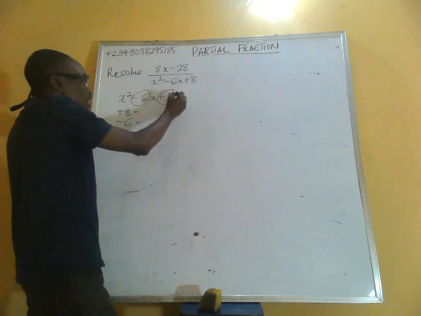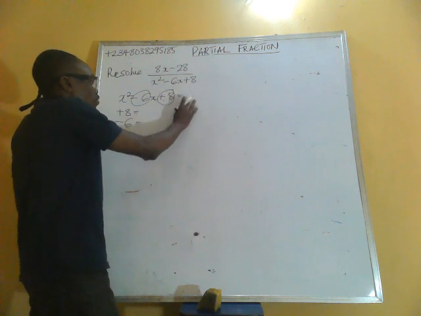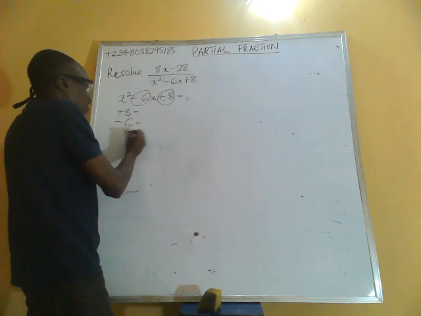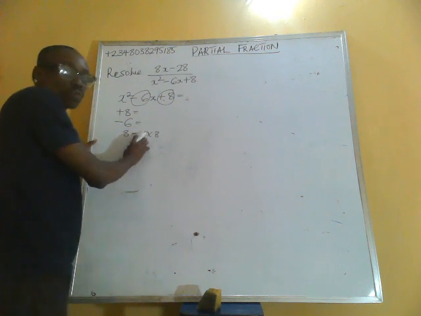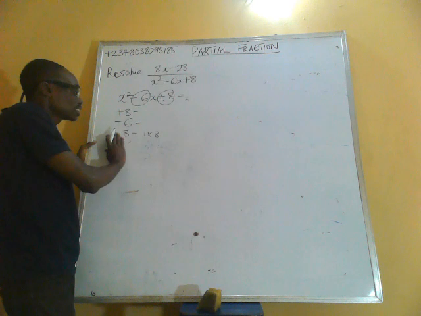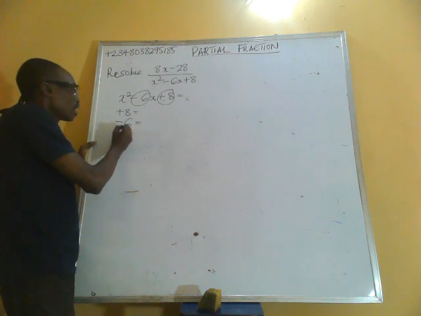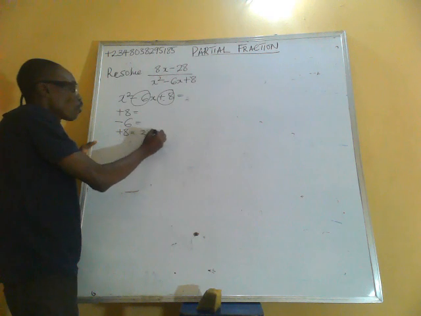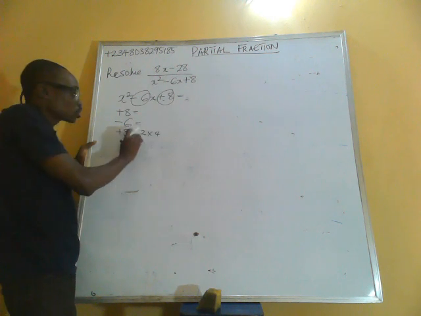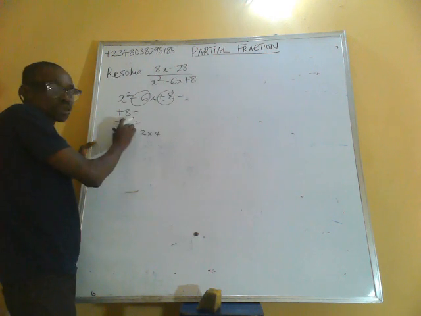The factors of 8: we have 1 and 8, but there's no way you combine 1 and 8 and arrive at 6. So let's discard 1 and 8. Another pair is 2 and 4. Is it possible to combine 2 and 4 and get minus 6?